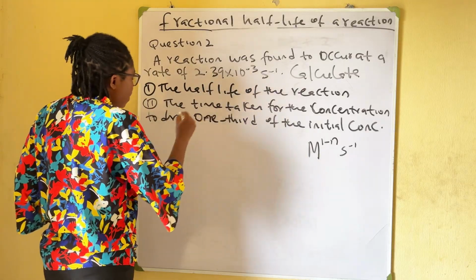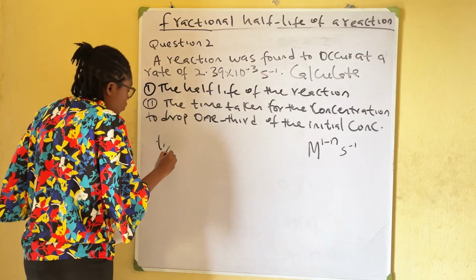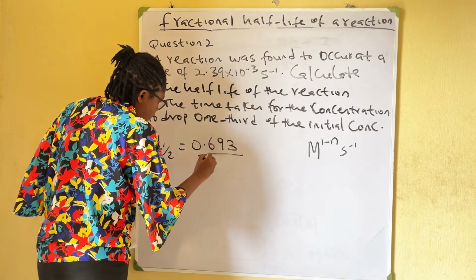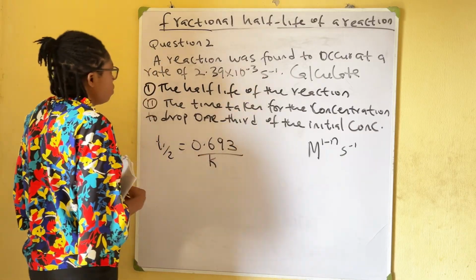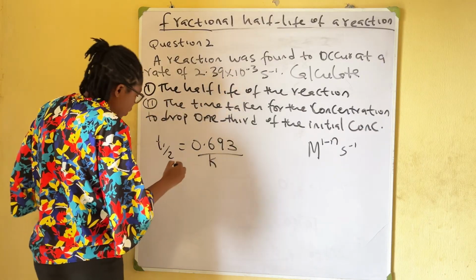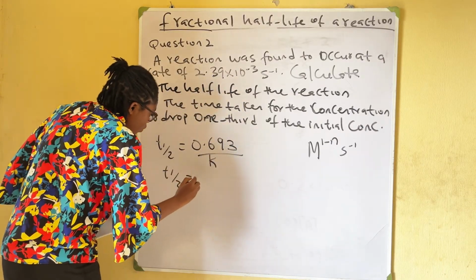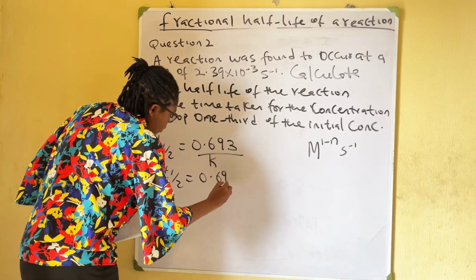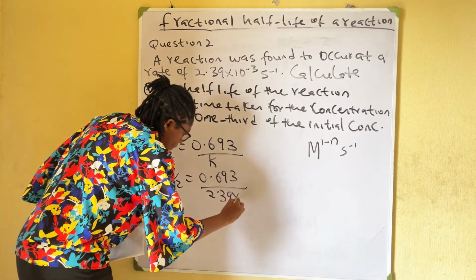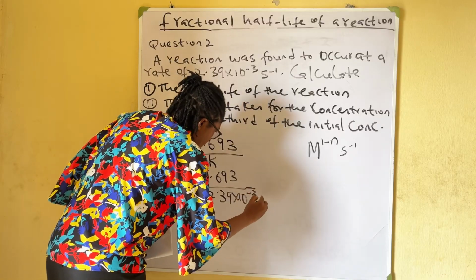So put the formula for half-life for the first order reaction: 0.693 or ln 2 divided by K. Since we are given the rate constant, K is 2.39 times 10 raised to the power minus 3 per seconds.